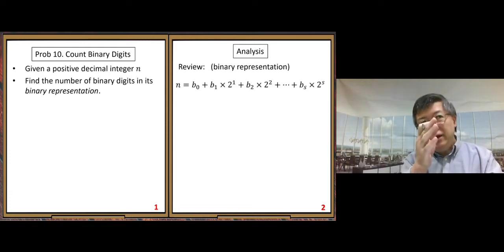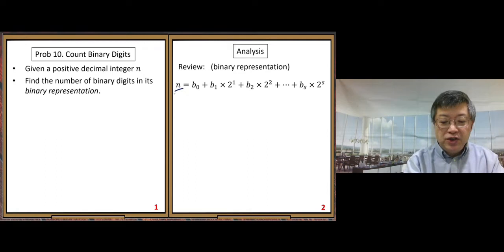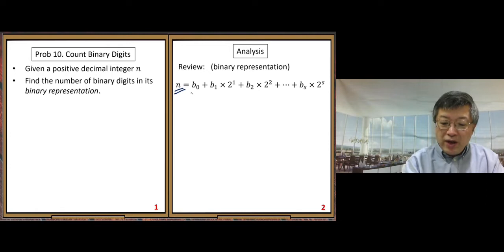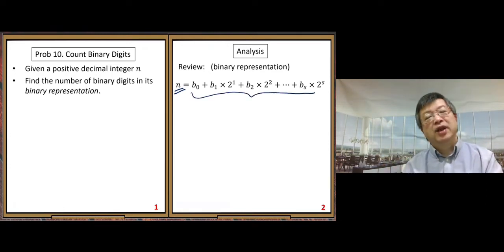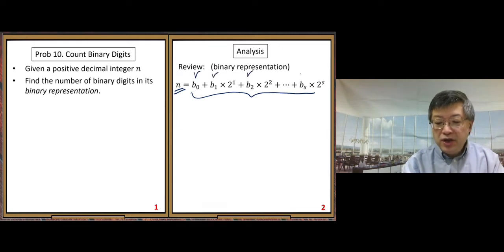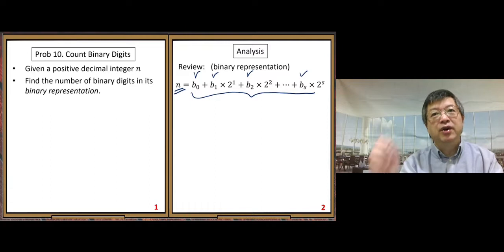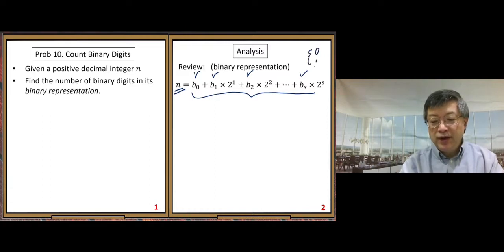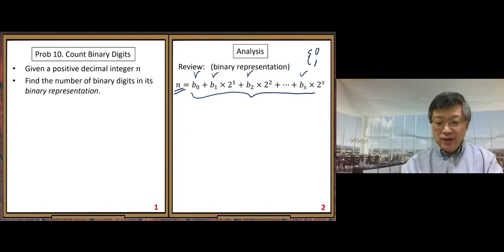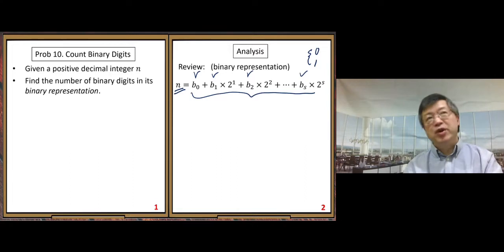Given n, a regular integer in the decimal system, we can write it in this representation. We can find these b numbers, integers, each 0 or 1. So you can always find a sequence of b's to have this expression, the binary representation.